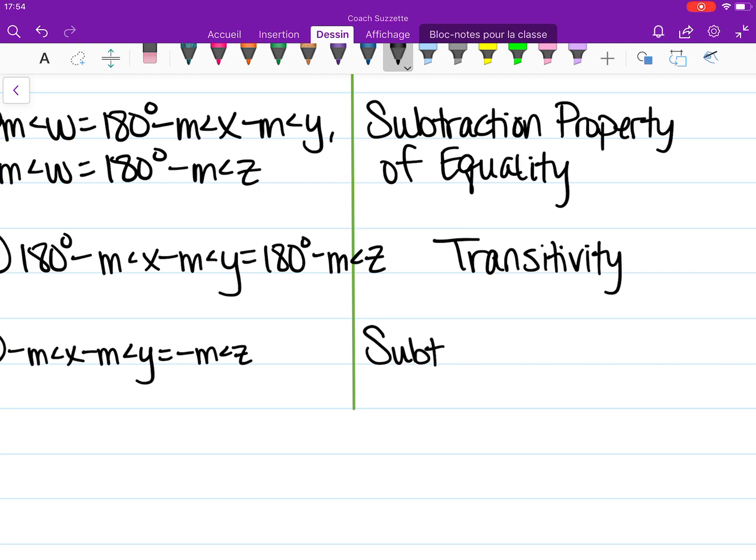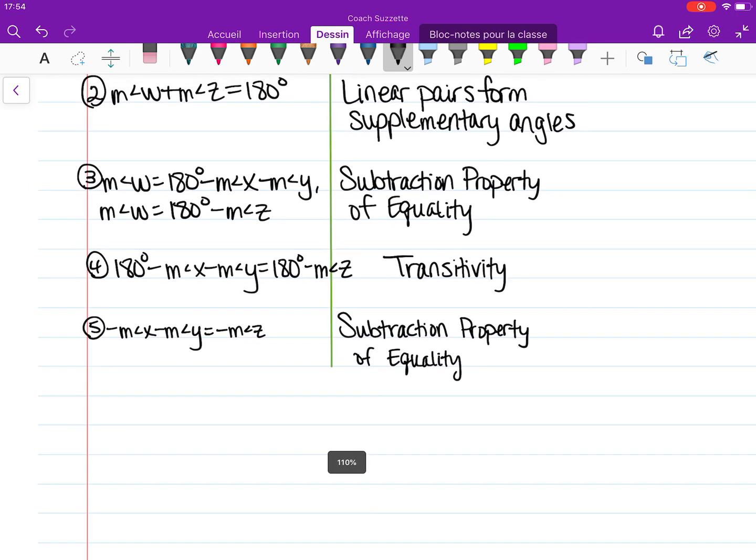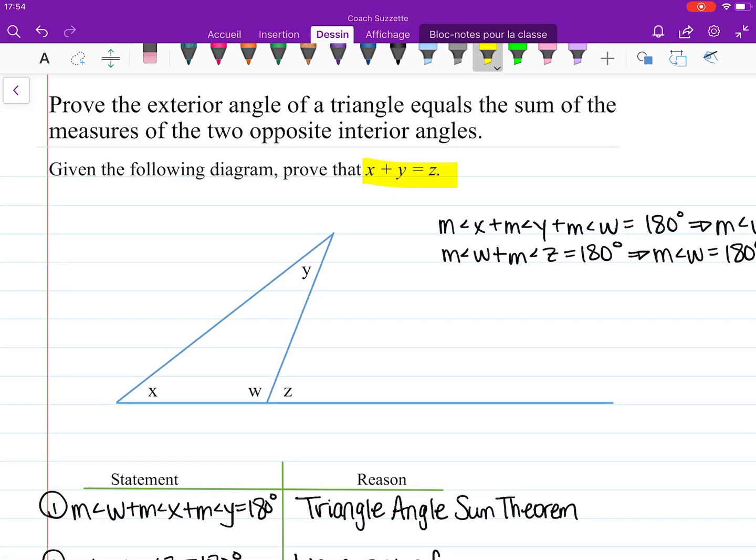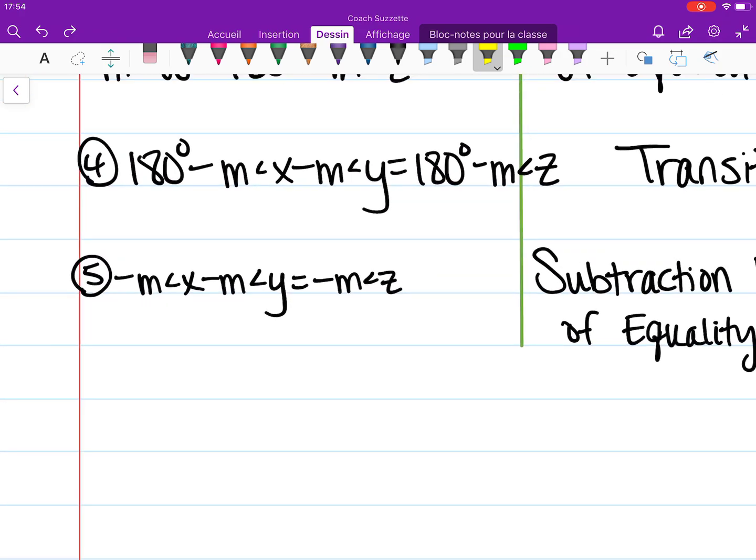Subtraction property of equality. And note, we want to get here. Those are all positive. We can just divide every term by -1. That's legit.